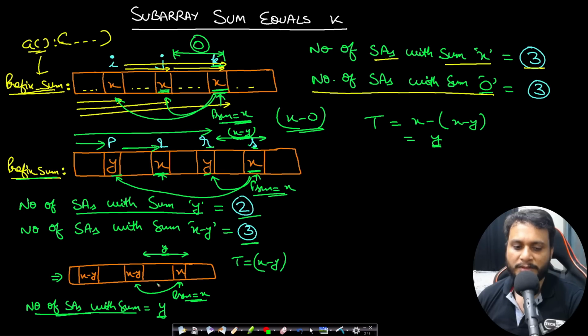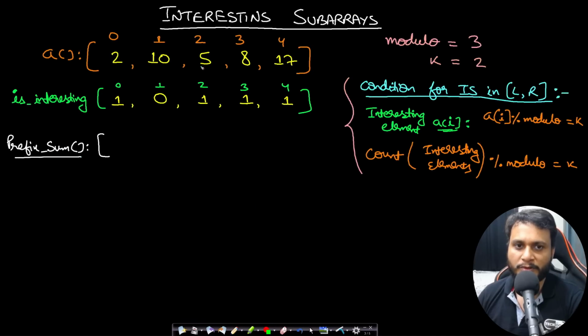So I am searching for whether there are x minus y in the prefix sum on the left hand side, and yes, it has occurred 2 times and therefore there will be 2 subarrays ending at this current index where the subarray sum will be equal to y. So I think this point is clear. This will be the logic which we will be using to solve this problem.